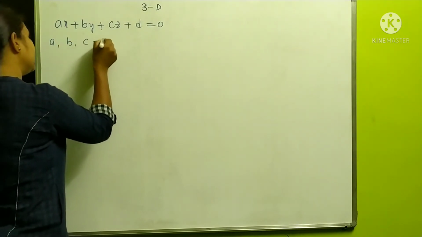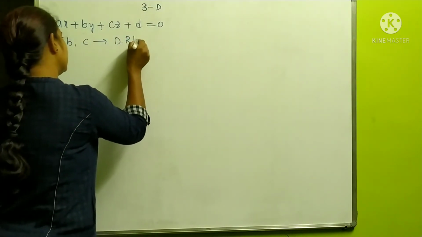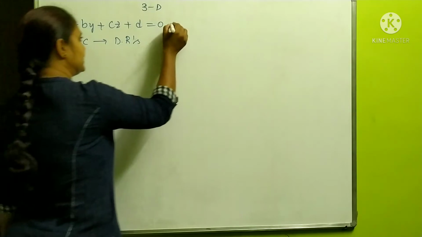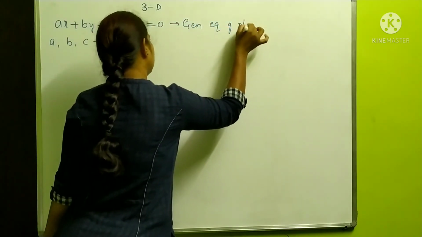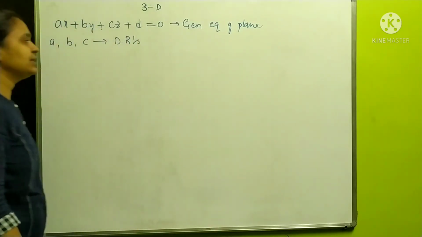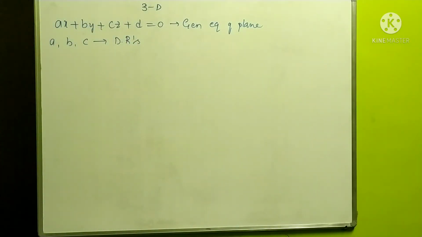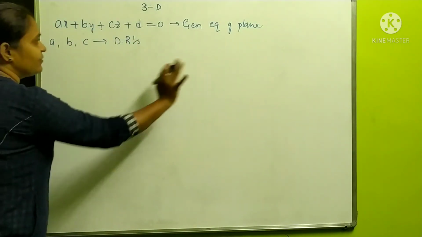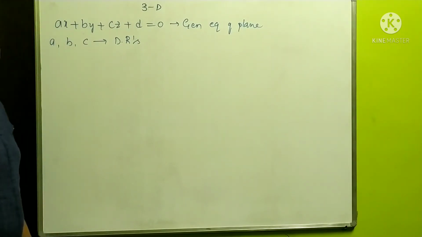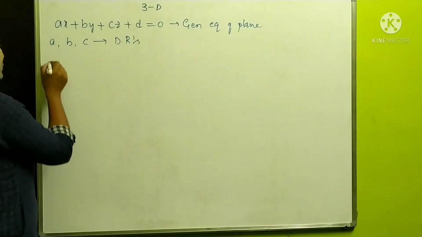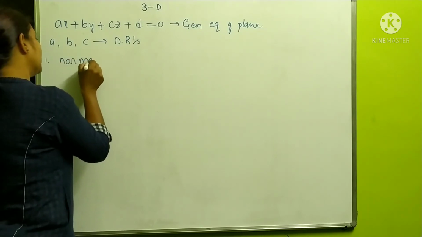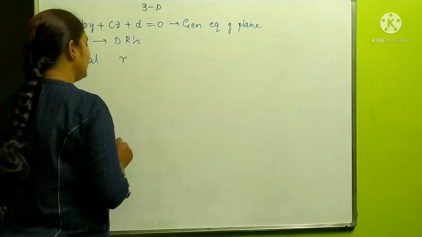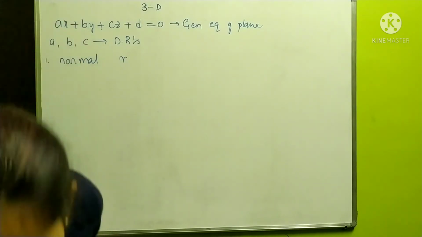This is general equation of plane, where A, B, C are direction ratios. Okay, so you have different forms of plane. Let me give you all the forms first. So first let me tell you about normal form. Normal form is given by, let me give you Cartesian form only.